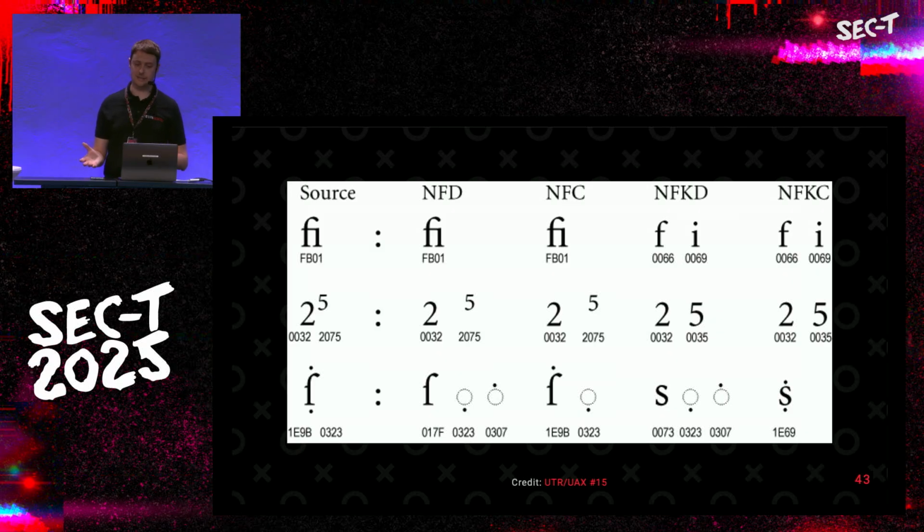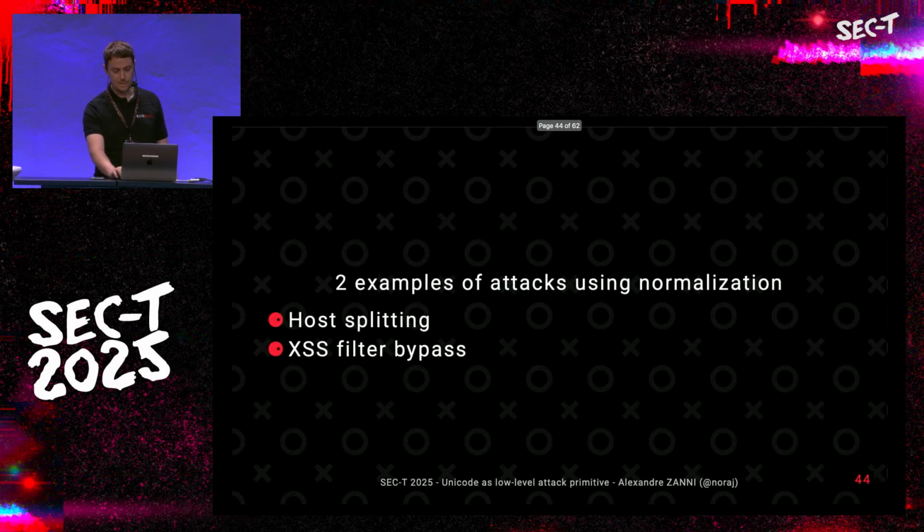The NFKD and NFKC are the same as NFD and NFC, but are a kind of compatibility mode. So when decomposing, they will use, let's say, simpler and shorter characters. So on the last line, you saw that depending on the normalization, you will get different output for the same character. I will give you 2 examples of attacks using normalization.